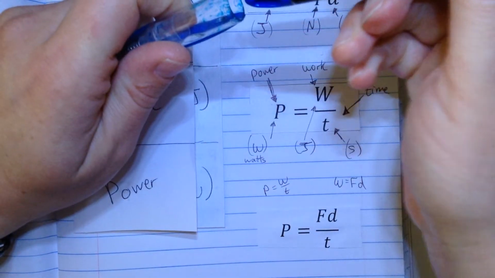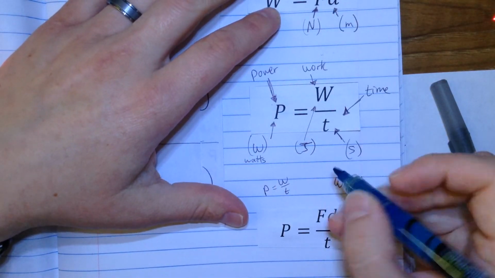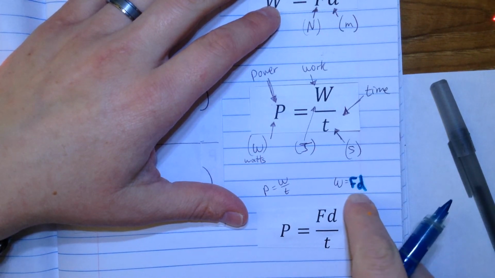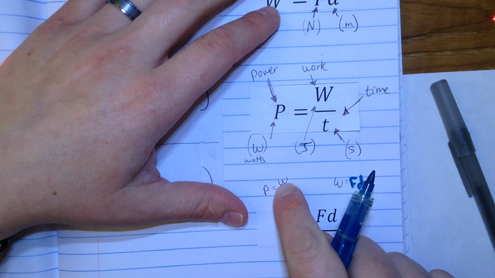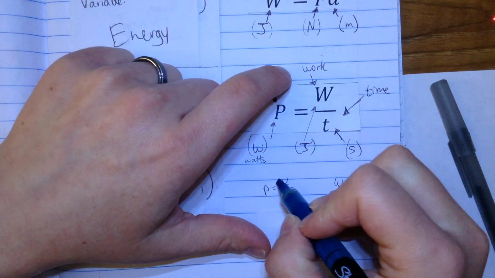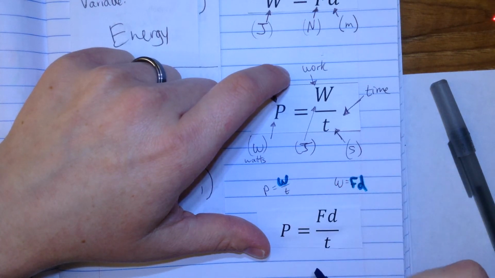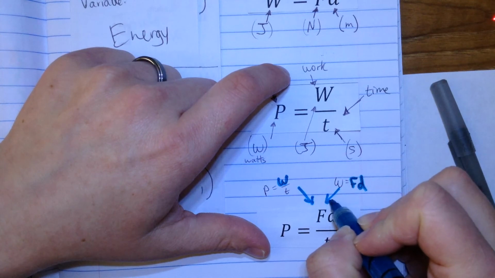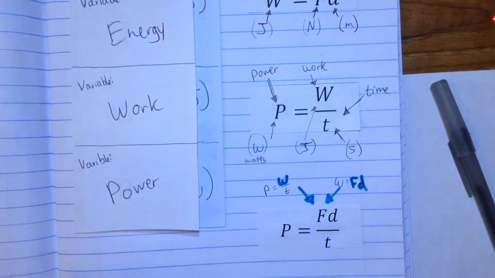If we do a substitution, work is equal to force times distance, so we can replace work in this formula with FD. Do you guys see that? It's a replacement. You bring that together, and now you have this formula.